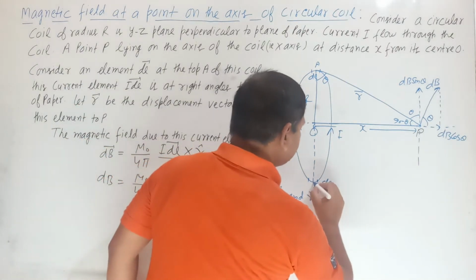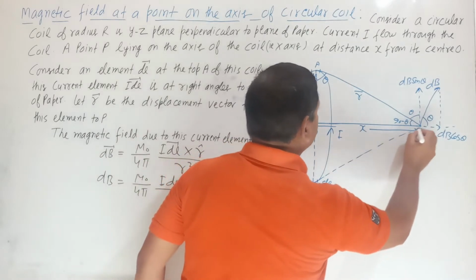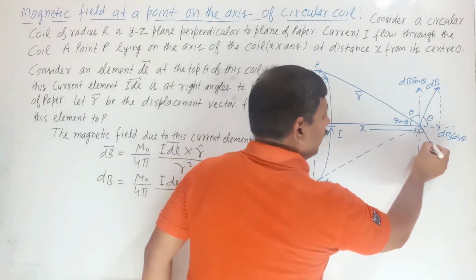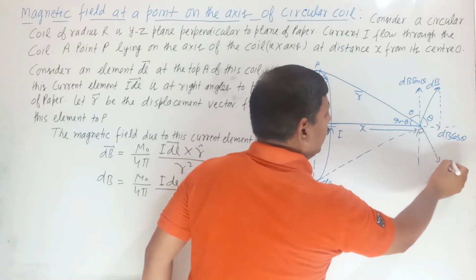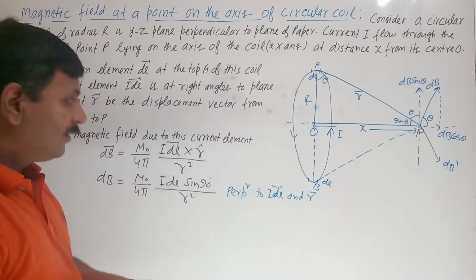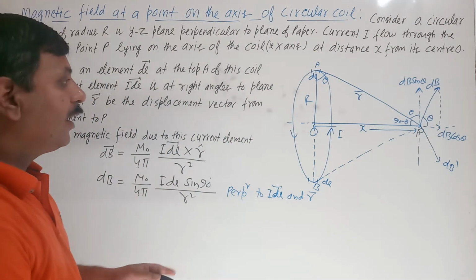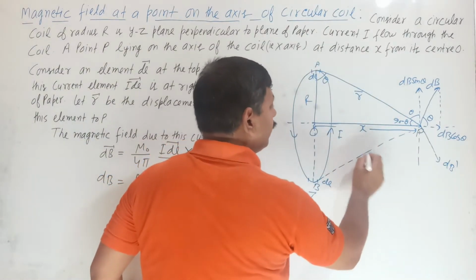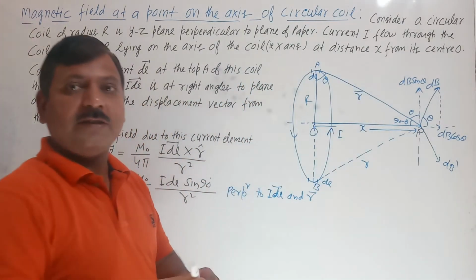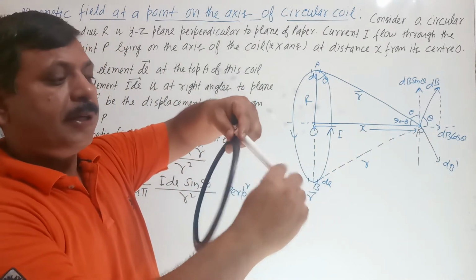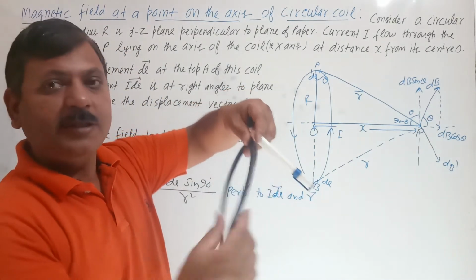What happened? If you are joining this, the direction of the magnetic field, suppose the value of the magnetic field here is dB dash. What will be the value of dB dash? The same thing you can see here, this distance r, the magnitude will be the same, because every point of this circular coil from P is at the same distance.